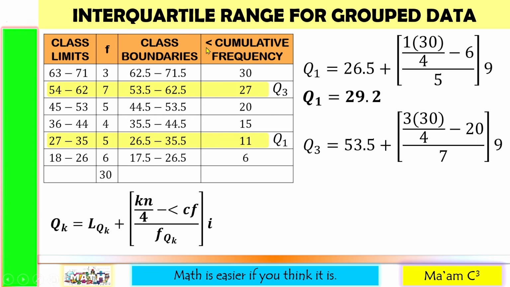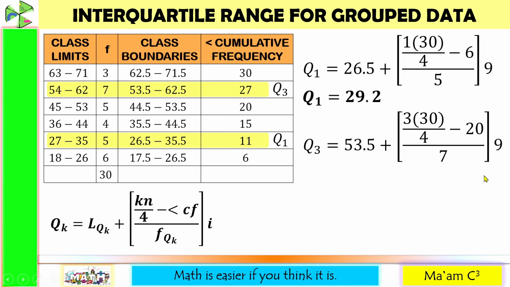This is the less than cumulative frequency of the class previous to the third quartile class. This is the third quartile class. Previous to it is this class, and the less than cumulative frequency is 20. Divided by 7, which is the frequency of the third quartile class, times, again, the class width, which is 9.